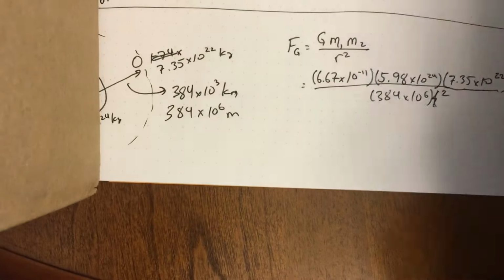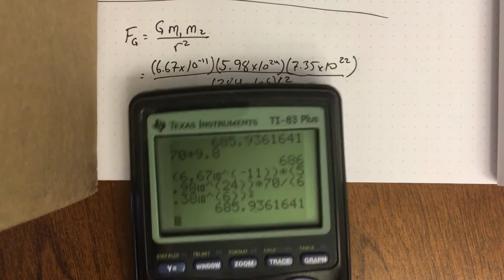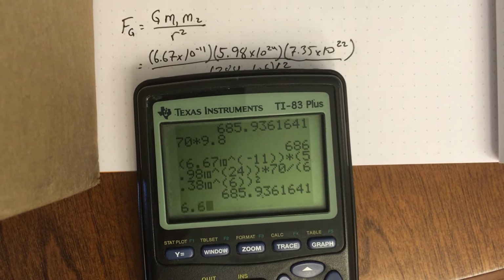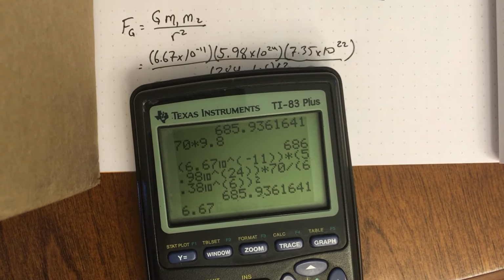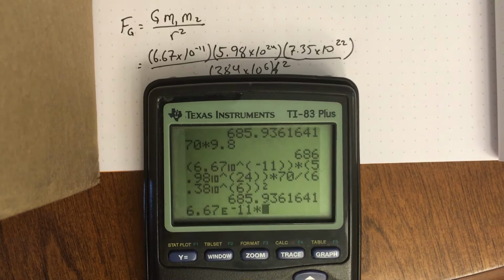So again, when you use your calculator, I always prefer, if you have a calculator that has one, to use the EE buttons, because your calculator is smarter when you deal with that. You don't have to worry about parentheses as much.